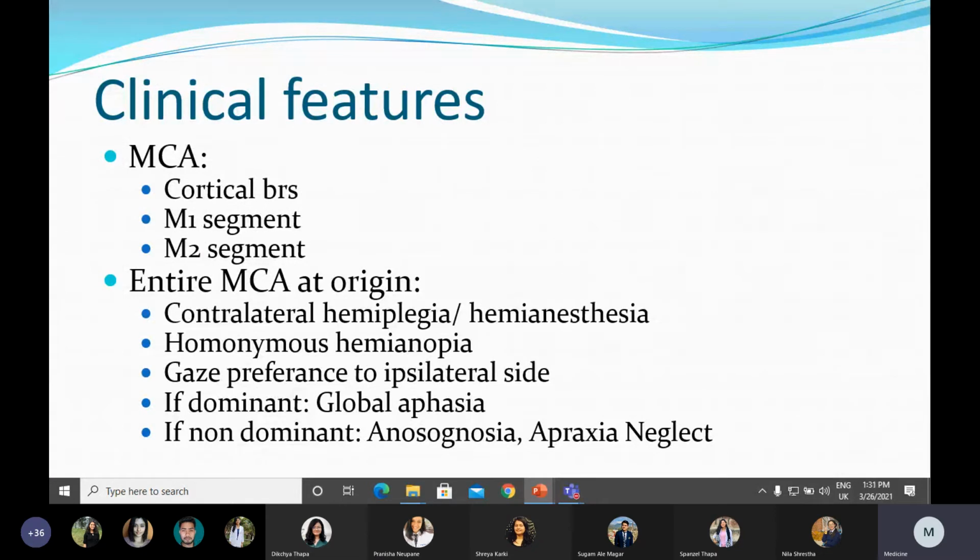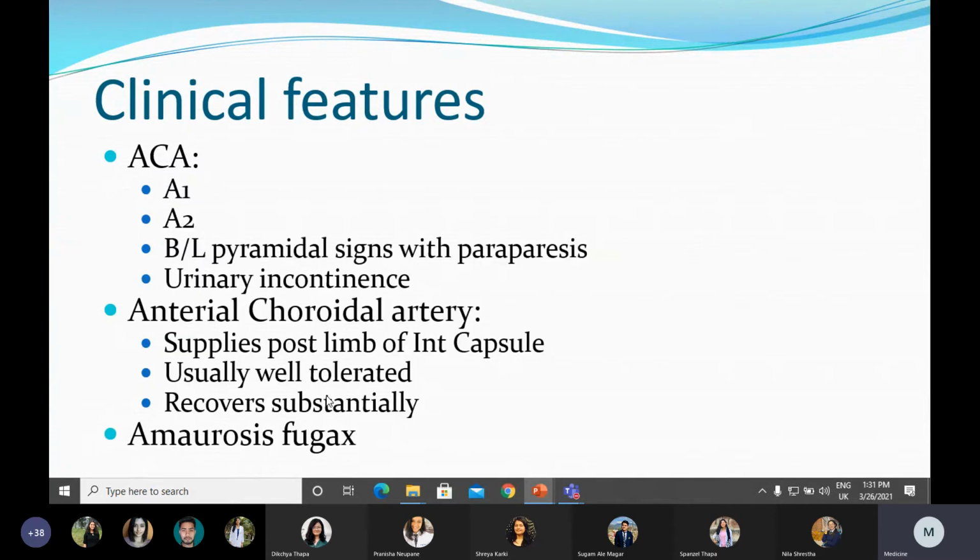So if the patient has involvement of the left hemisphere, then the language areas, that is Broca's and Wernicke's areas, are present in the dominant hemisphere. So if there is involvement of the entire middle cerebral artery, then you'll have a global aphasia.